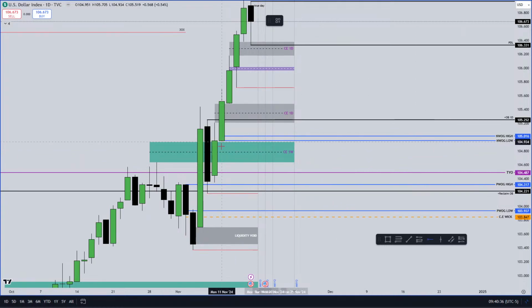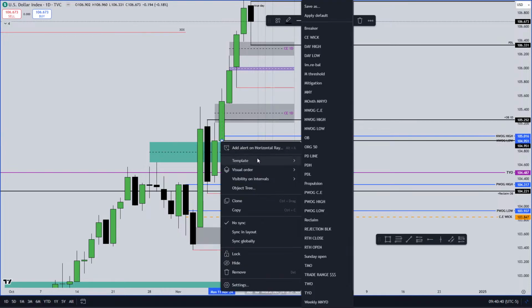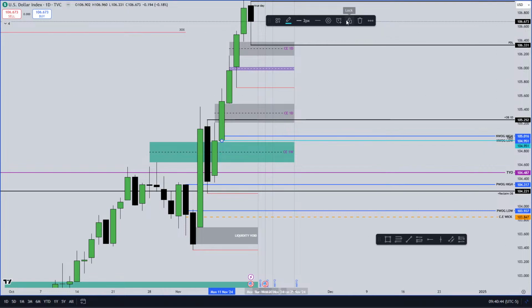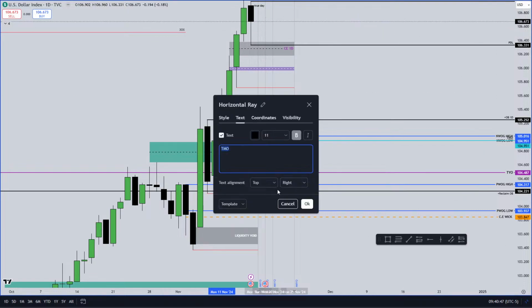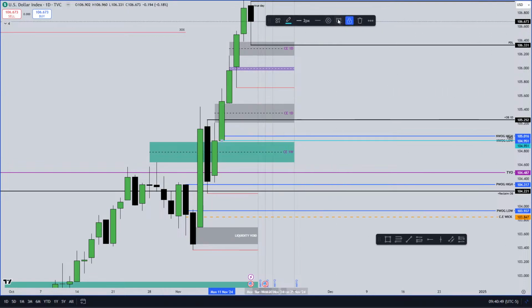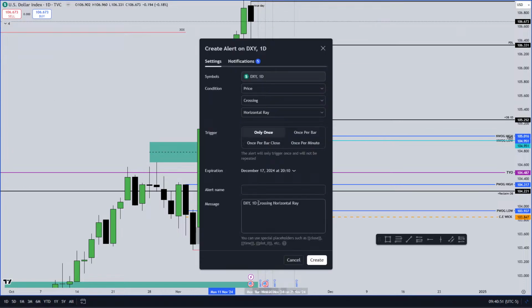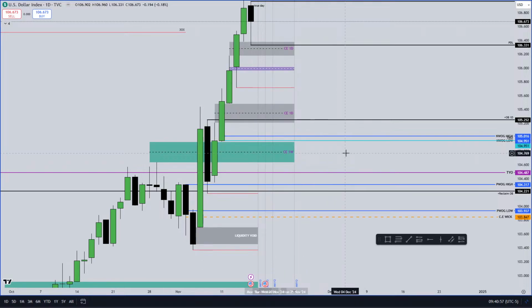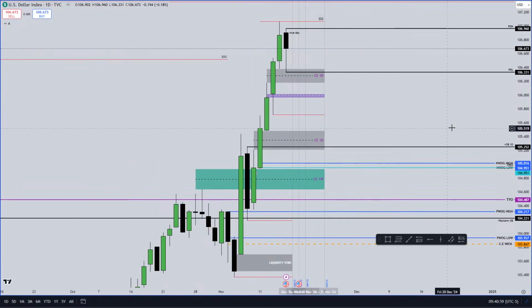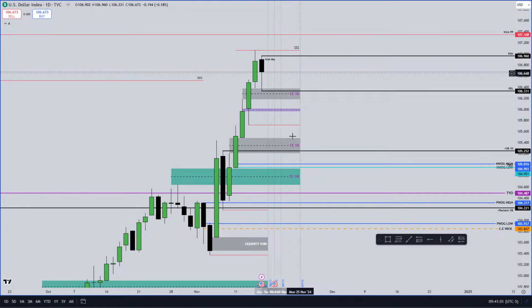So this is likely the true month open. If at all the price reverses, it has to come till here.